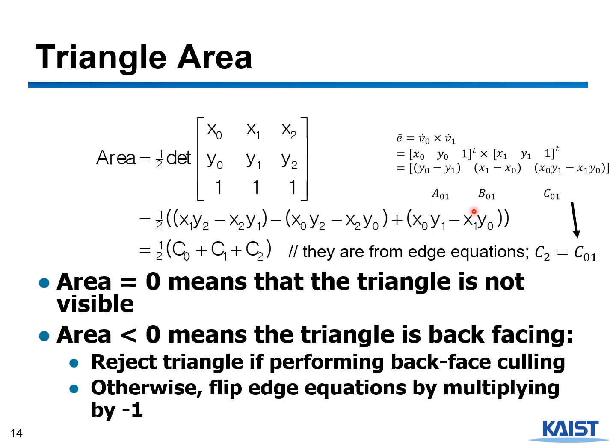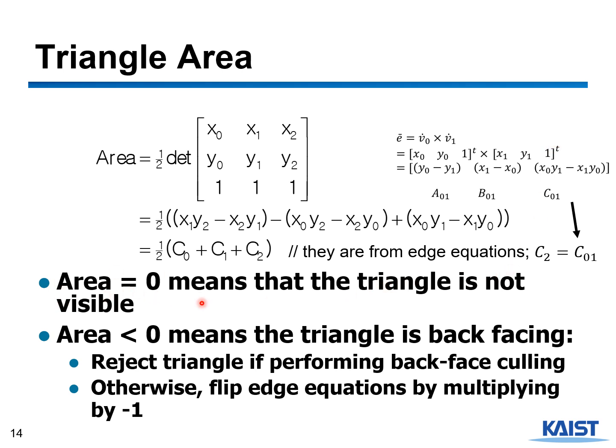For example, here I give the notation C0, C1, C2. I think C2 is, in the earlier part of our slides, where we set up this edge equation, right? We defined A01, B01, C01. Here C2 is the coefficient between vertices 0 and 1.